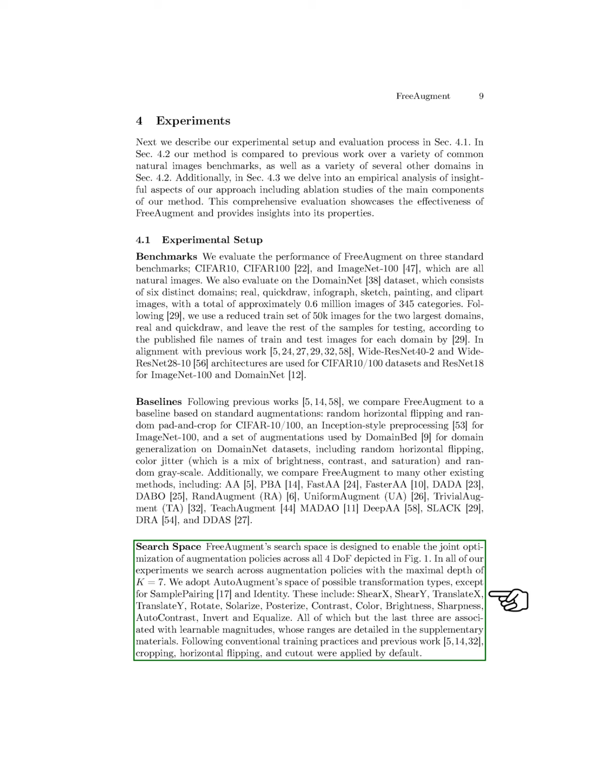We use a range of transformation types, excluding identity and some others, which include shear X, shear Y, translate X, translate Y, rotate, solarize, posterize, contrast, color, brightness, sharpness, auto-contrast, invert, and equalize. Most of these transformations have learnable magnitudes, which we detail in supplementary materials. We also apply cropping, horizontal flipping, and cutout by default, following standard training practices.